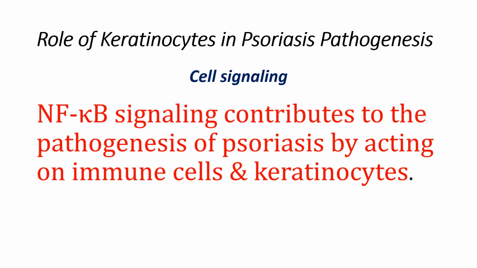Also, increasing evidence has shown that NF-kappa B signaling contributes to the pathogenesis of psoriasis by acting on immune cells and keratinocytes. Actually, the researchers found that NF-kappa B was highly activated in lesional skin of psoriatic patients.